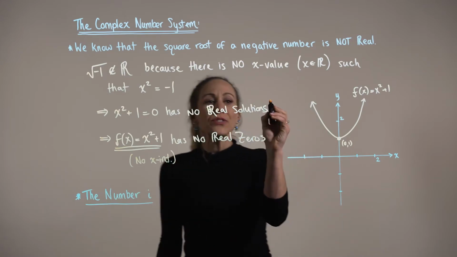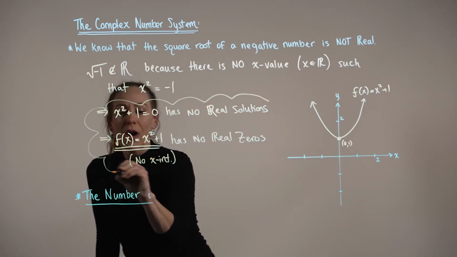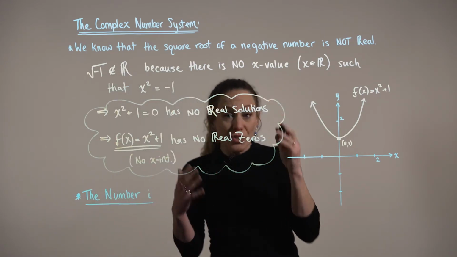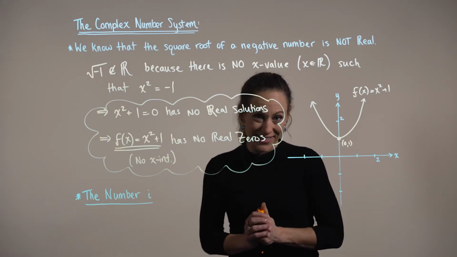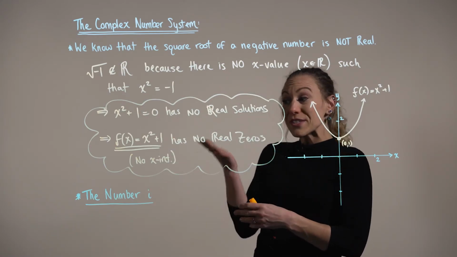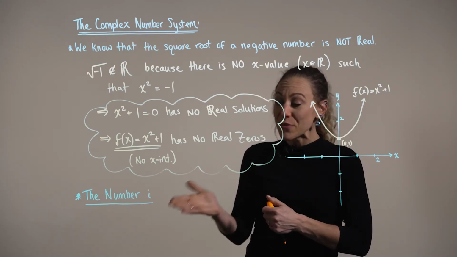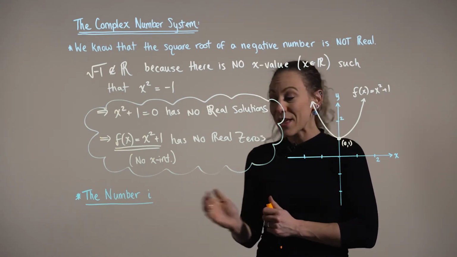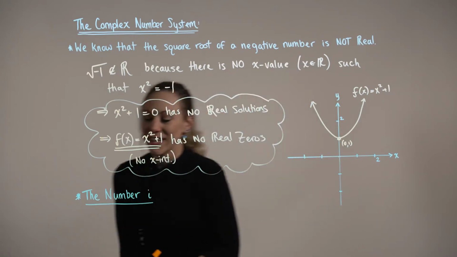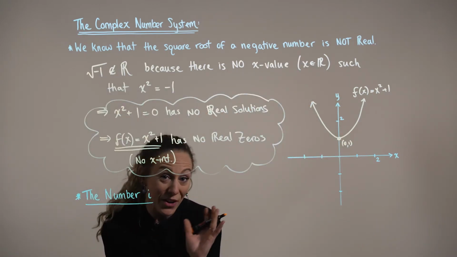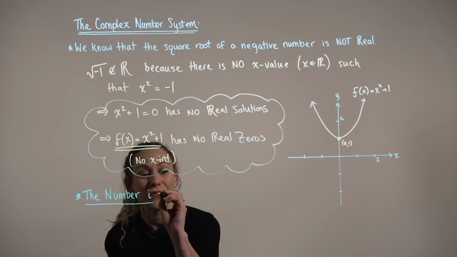Now, with these two statements, how do we solve for the zeros of functions or equations like this? Well, in order to find the zeros of such equations, we need to introduce a new non-real number, the number i. The number i in the complex number system is defined as follows.